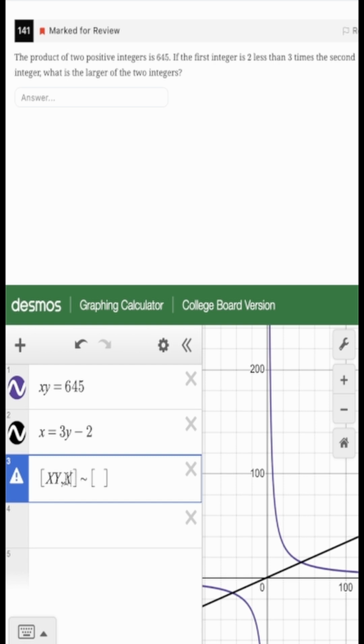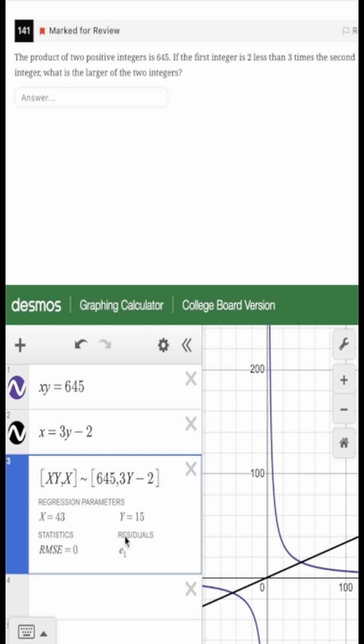So I do xy, comma x, and then 645, comma 3y minus 2, and it gives you the same answers. And it's asking for the larger of the two integers, and that's 43.